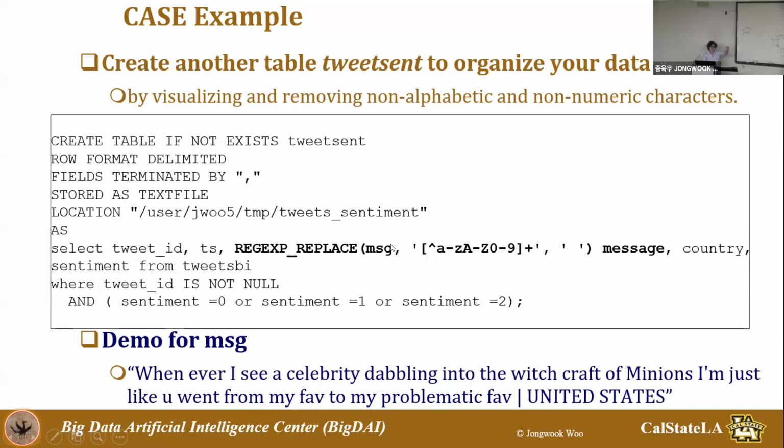So in a tweet message, if you see non-alphanumeric characters, they are useless for sentiment analysis. So I just want to replace them with a white space character. So this regular expression replace is to filter the message column value. Okay? And then it renames it as a column named message.